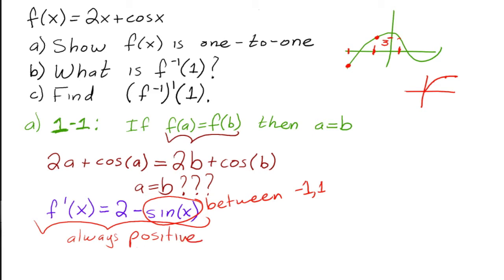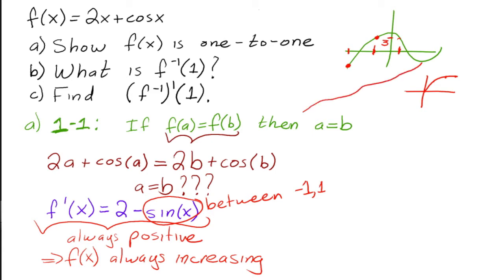If it's always positive, that means the function 2x plus cosine of x is always increasing, also called monotonically increasing. Well, if it's always increasing, then it would have to be 1-to-1, right?